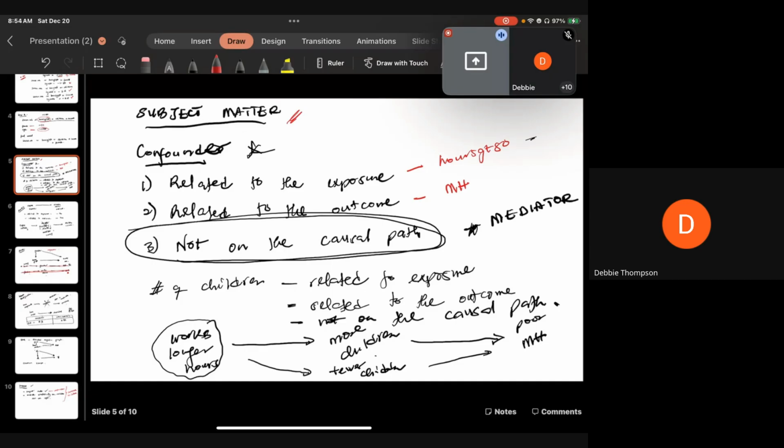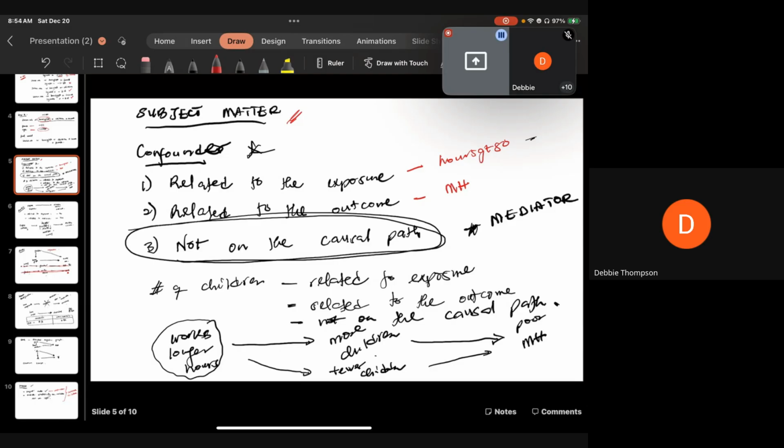You will cite those papers in your methods. So you say that you selected this covariate as a confounder, and then you include the citation. So that's one way we try to reduce the subjectiveness of the subject matter approach.